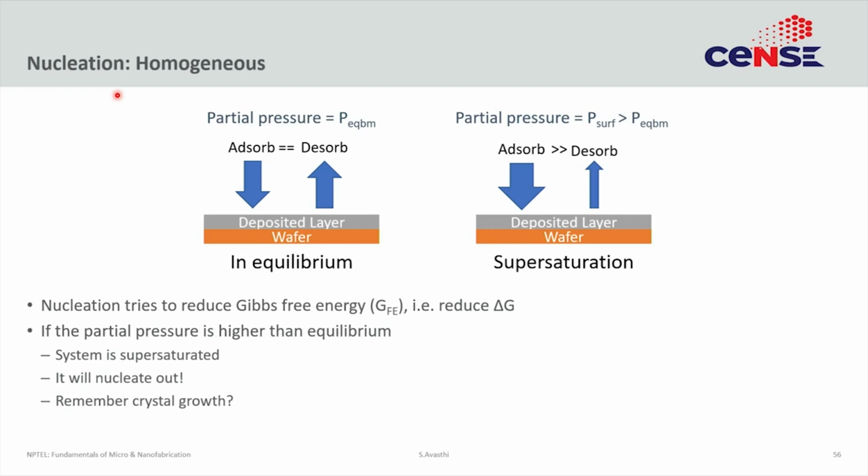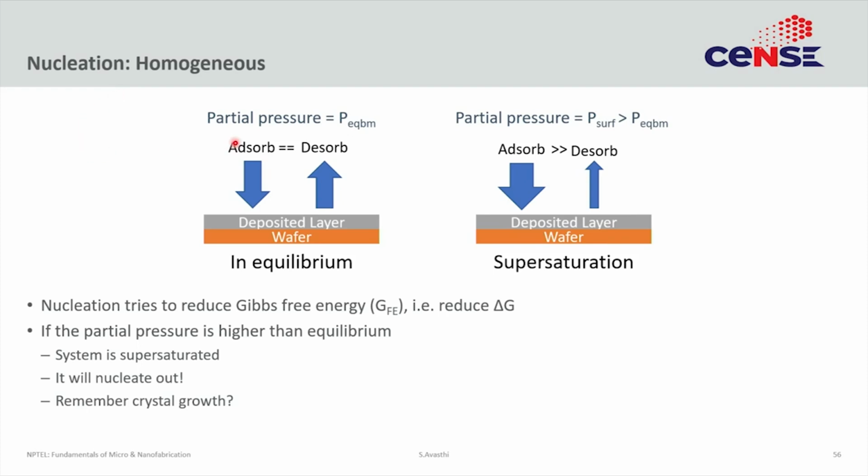The basic idea was that at any given temperature and pressure, any material will have a certain equilibrium, for example, a solid or a liquid will have a certain vapor pressure.